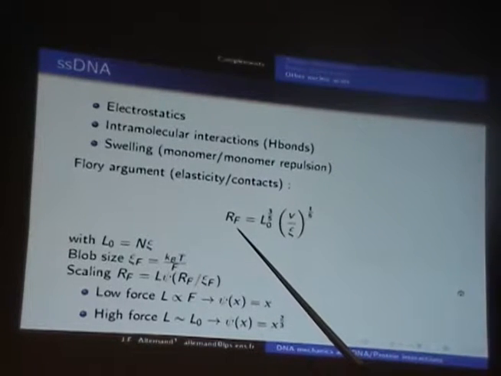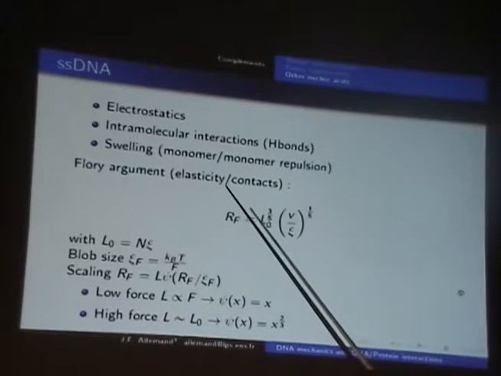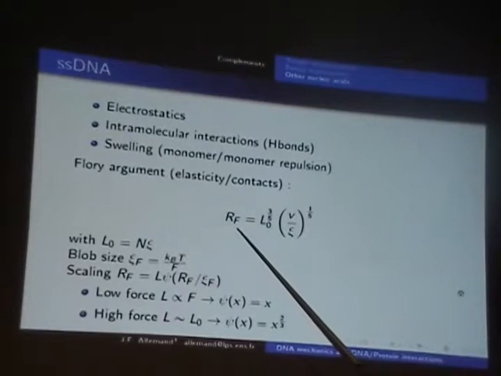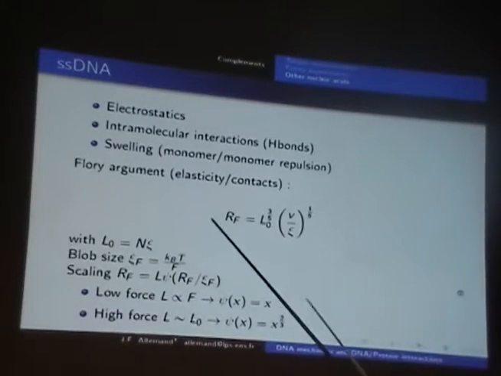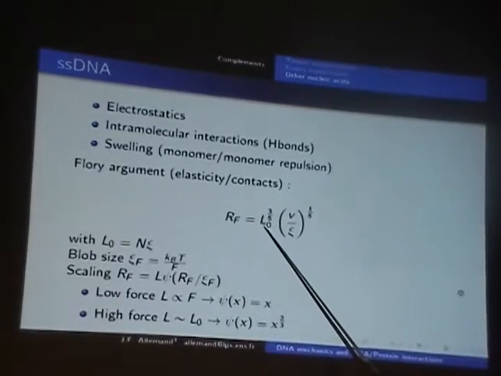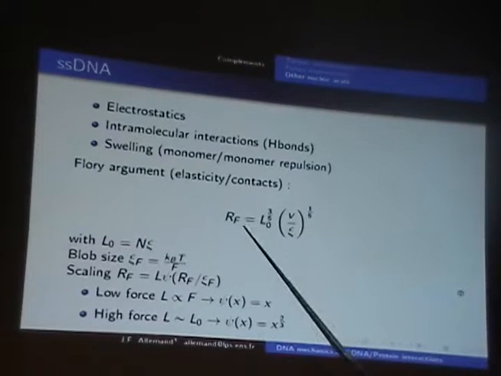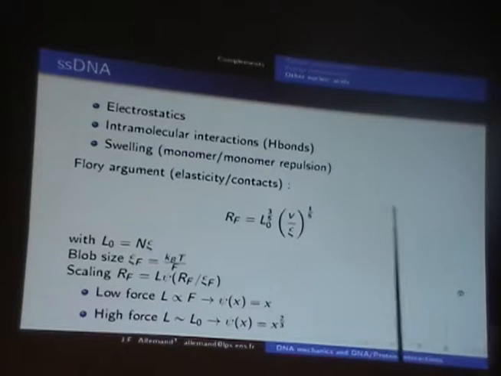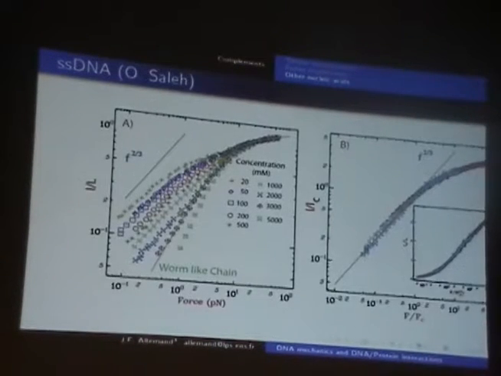So the size of the polymer when you don't have this swelling goes like the length, n to the power 1/2, and in the case where you have a repulsion, you have n to the power 3/5. And so I simply want to show you that experimentally you could well describe the system with the expected scaling laws that you expect from this model.